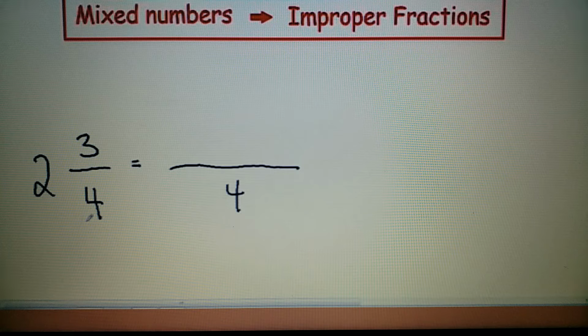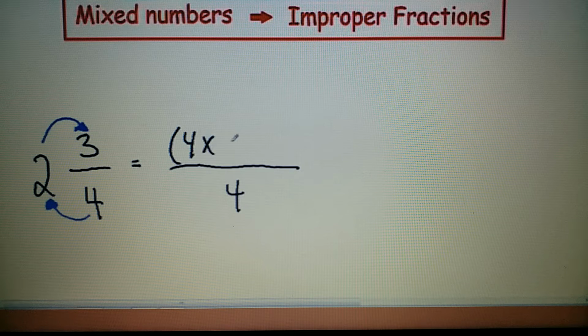And the only thing that we need to do in the numerator is multiply the denominator by the whole number, and then we need to add everything to our numerator. So once again, we need to multiply the denominator of 4 times the whole number of 2, and then we need to add all of that to the numerator of 3.